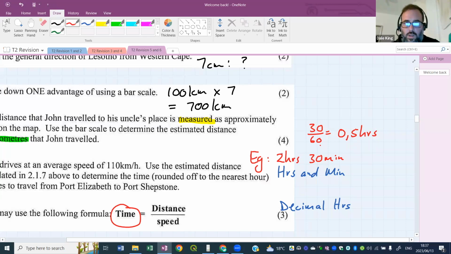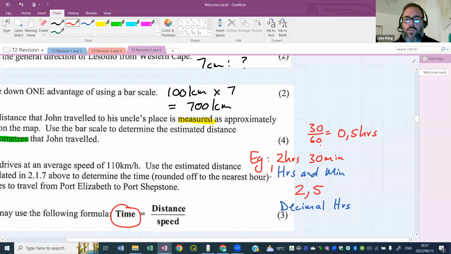So what will this whole thing be? 2 hours and 30 minutes? How do we write that as decimal? 2 comma 5. 0.5. Okay, so this 0 that you've got over there will be replaced by the hours.